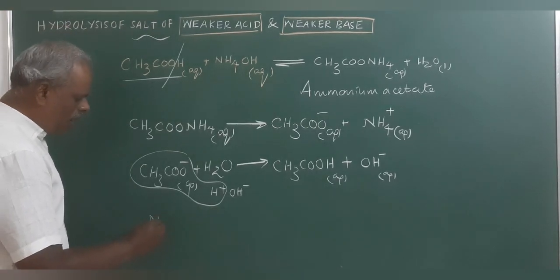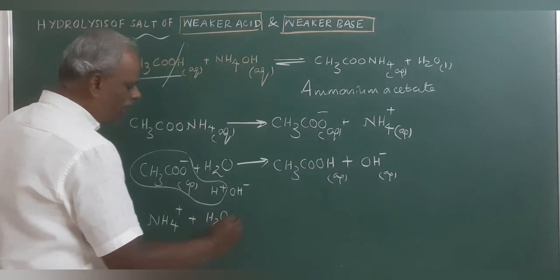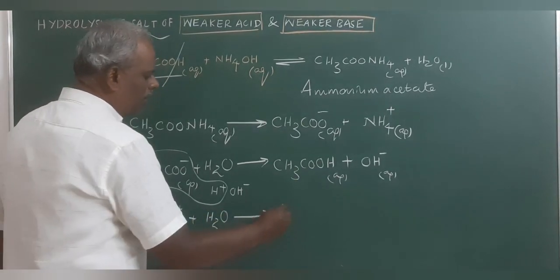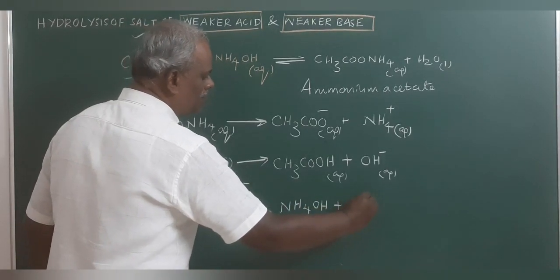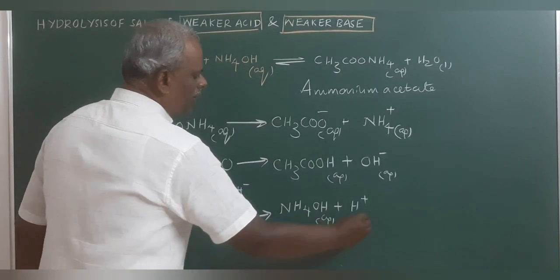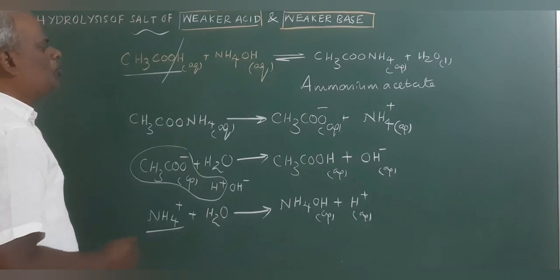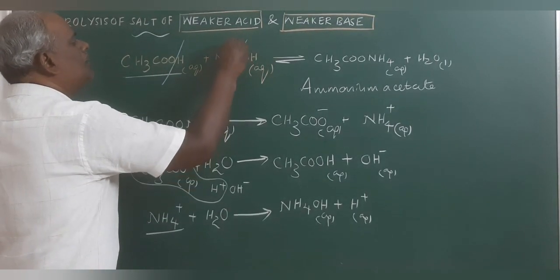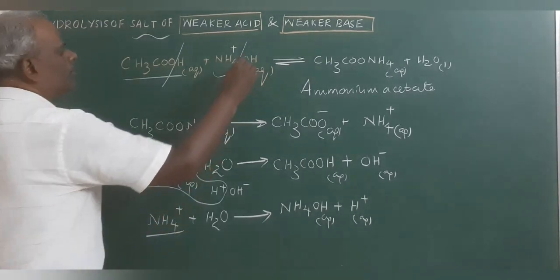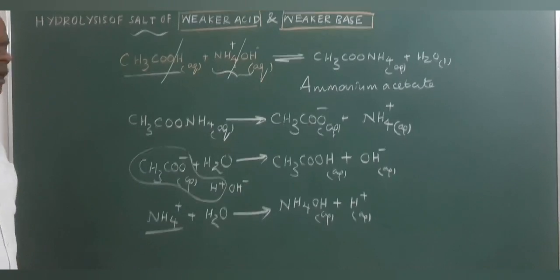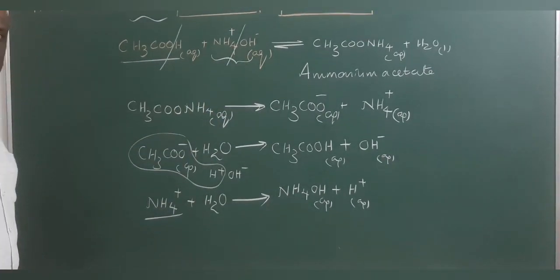Likewise, the ammonium NH4 plus ion is also hydrolyzed by water to become NH4OH plus H plus. It shows that the ammonium ion, the cation, is the conjugate acid of the base NH4OH.